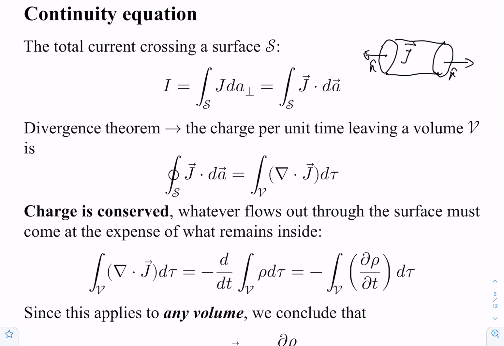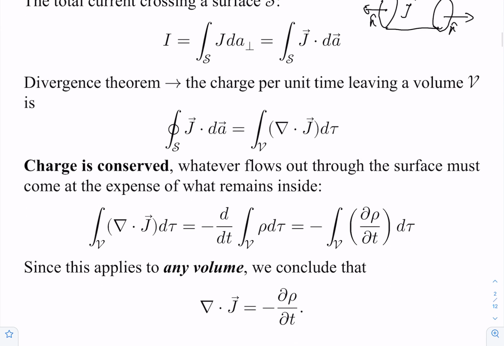Now we can combine these two equations. Because this applies to any volume, we can simply drop the volume integral here. In the end, we arrive at the continuity equation: del dot J equals minus partial rho partial t.